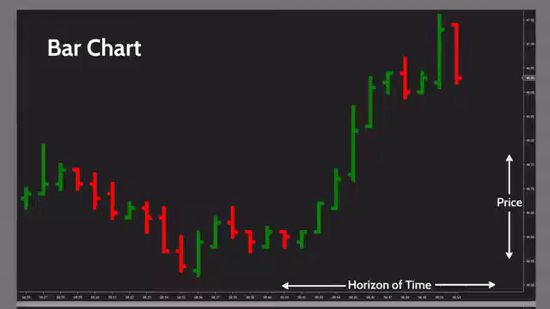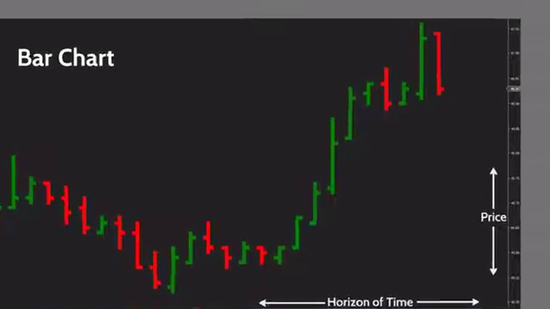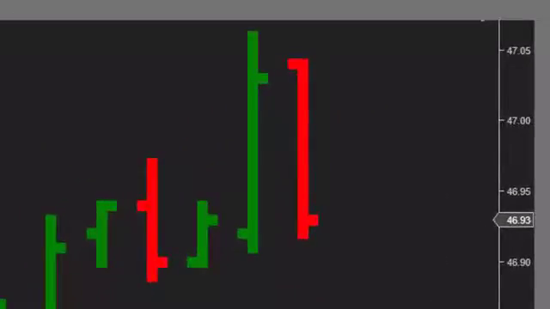This particular type of chart is known as a bar chart. Each series of price and time is organized into little bars. So green bars represent a period of time where price rose, and red bars are when price declined. The little tick mark on the left of each bar marks the open price, or the first price traded in that period.